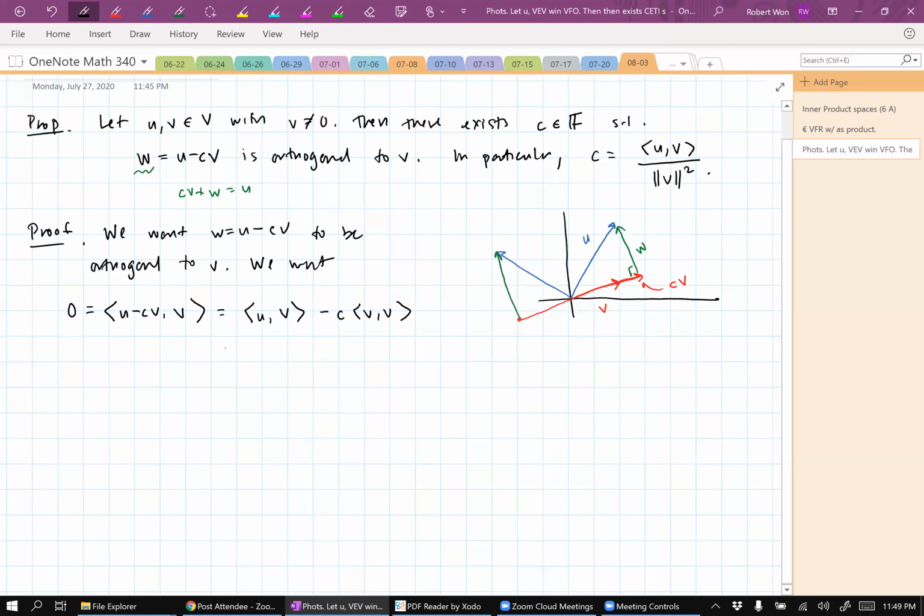Right, but this, you see a vector inner product with itself, you should think, that's the norm squared. And as long as the length of v is not 0, we can solve for c. And note, the length of v is not 0 because we're assuming that v is non-zero.